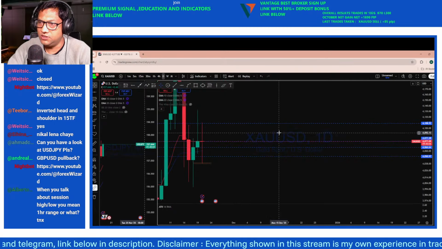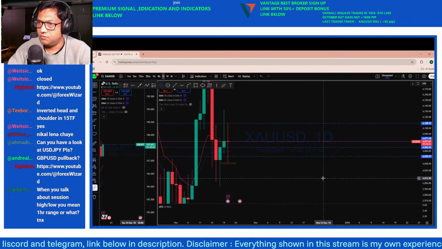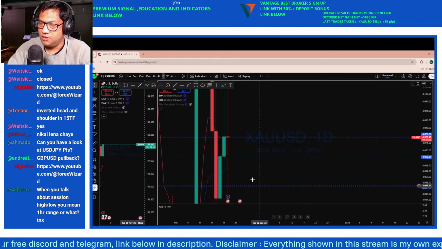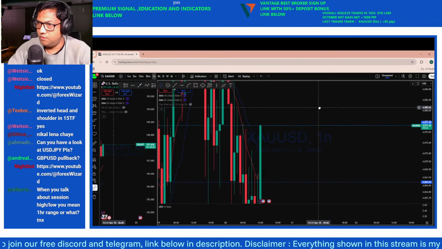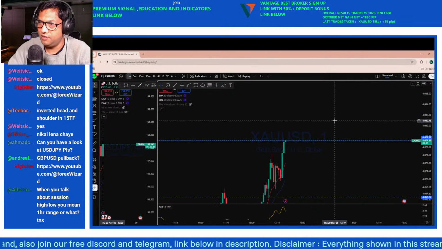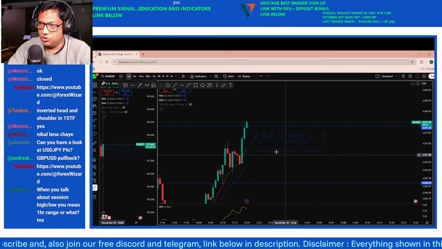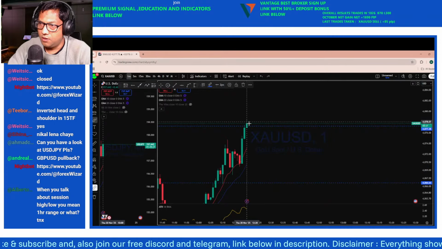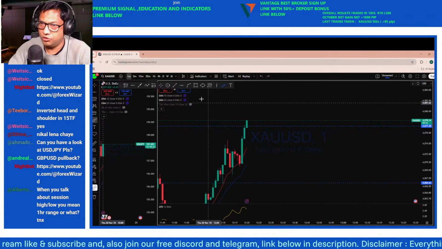Now from this resistance, you can expect potentially another pullback below. Now we need to see that overextension to the upside. This is the current swing low, and breaking any of the swing lows will give us an entry opportunity.